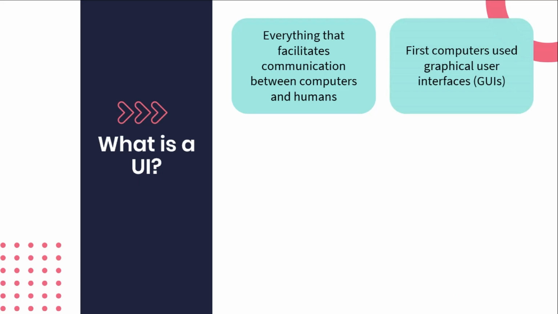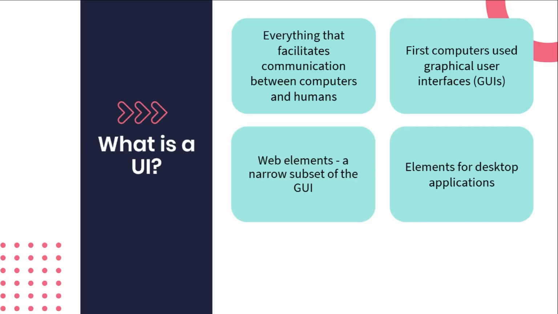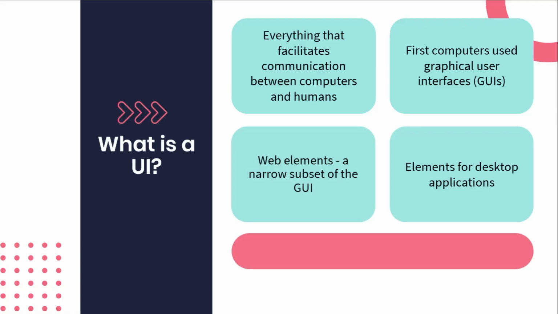A GUI consists of menus, text, icons, pictures, borders, and other elements. Web elements are a narrow subset of the GUI. They reside in browsers, but there are also elements for desktop applications in Windows, OS X, and other operating systems. But do note that every time we mention UI in this course, we are referring to a web GUI.